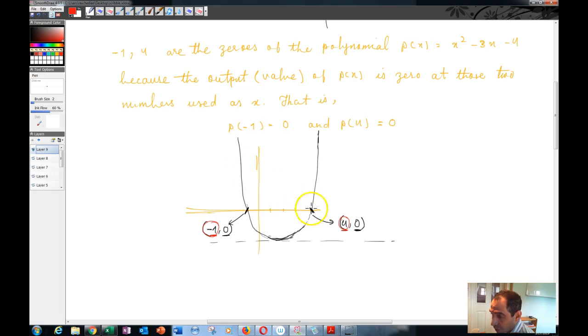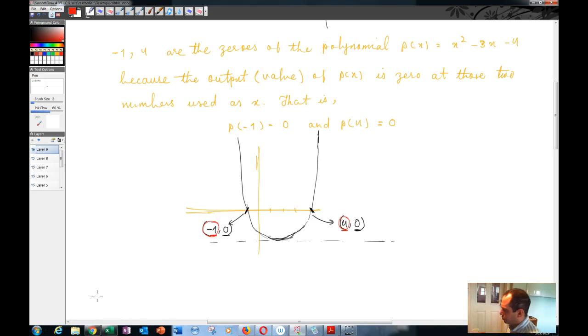So now, based on the fact that we know that the zeros of the polynomial are the x values for which the output of the function is equal to 0.